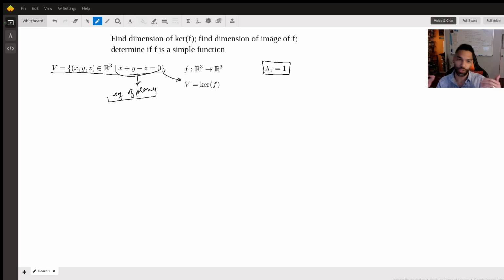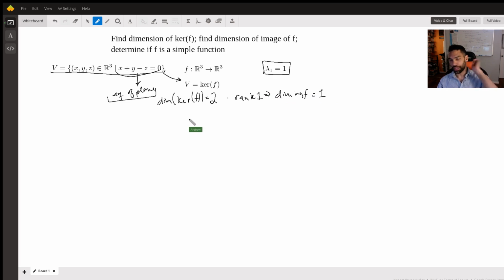Since the plane is two-dimensional, and that entire plane is mapped onto the 0 vector, the dimension of the kernel of f must be 2. Because of that, this must be rank 1, which means the dimension of the image of f must be 1.